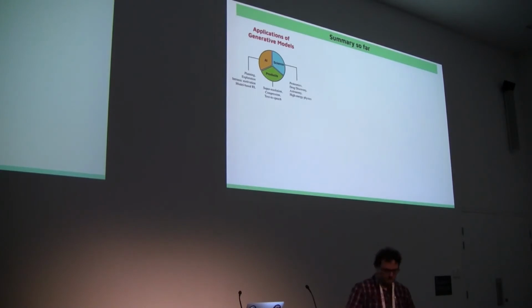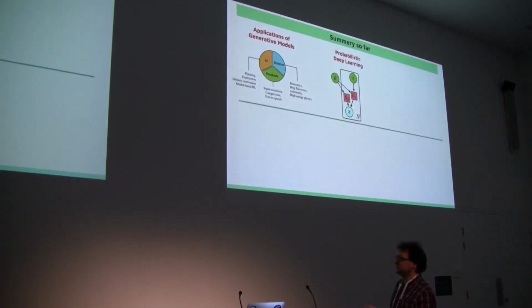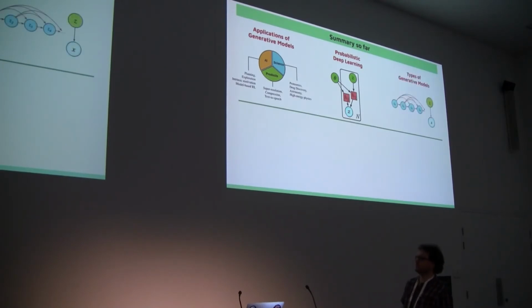So just to summarize what I have said so far. We started with many important applications to AI, science, and business of generative models. Then I spoke about a merge of graphical models with computational graphs, which so far is just a convention choice, but it's a very powerful way of representing these complicated models.